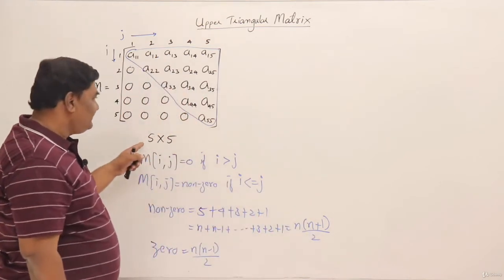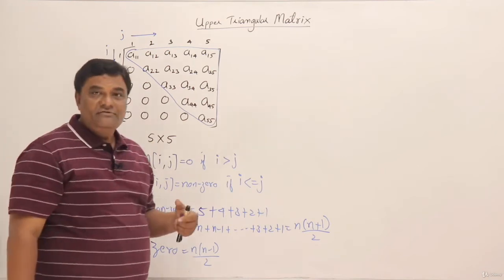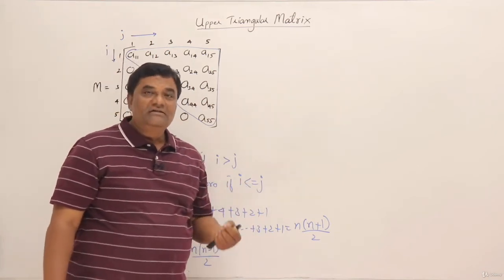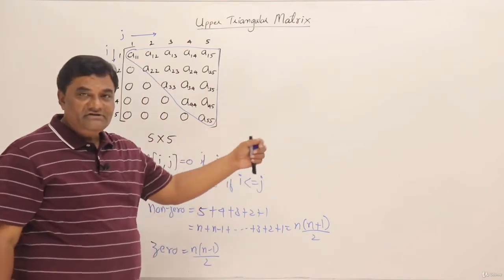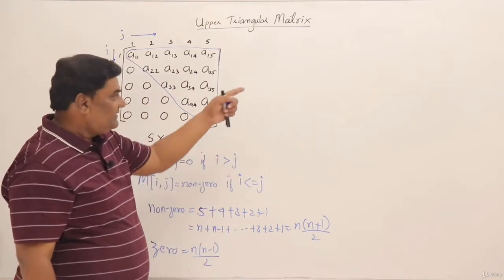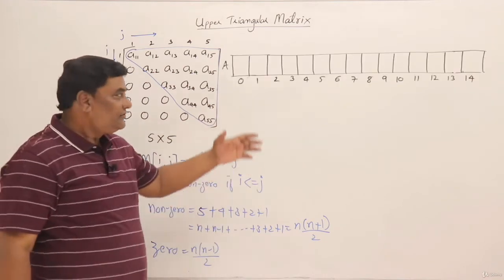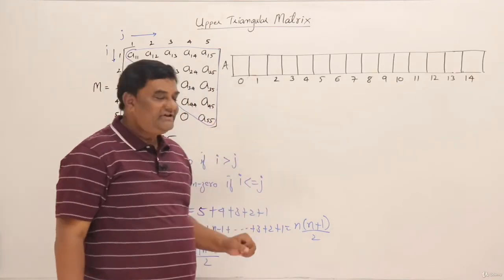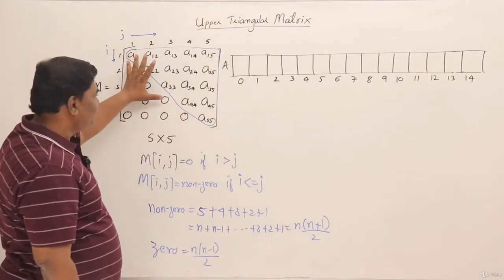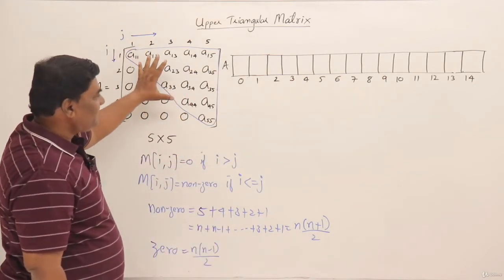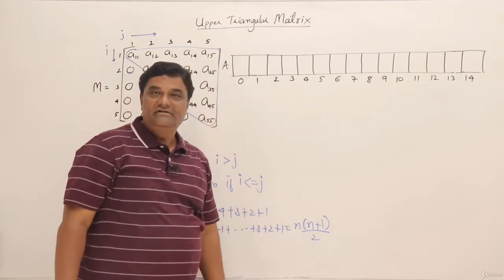Here the example size is 5, so 5 into 5 plus 1 by 2 is 15. I need an array of size 15 for storing these non-zero elements. So here I have an array of size 15, the indices are from 0 to 14, and we will map this upper triangular matrix into a single dimension array.